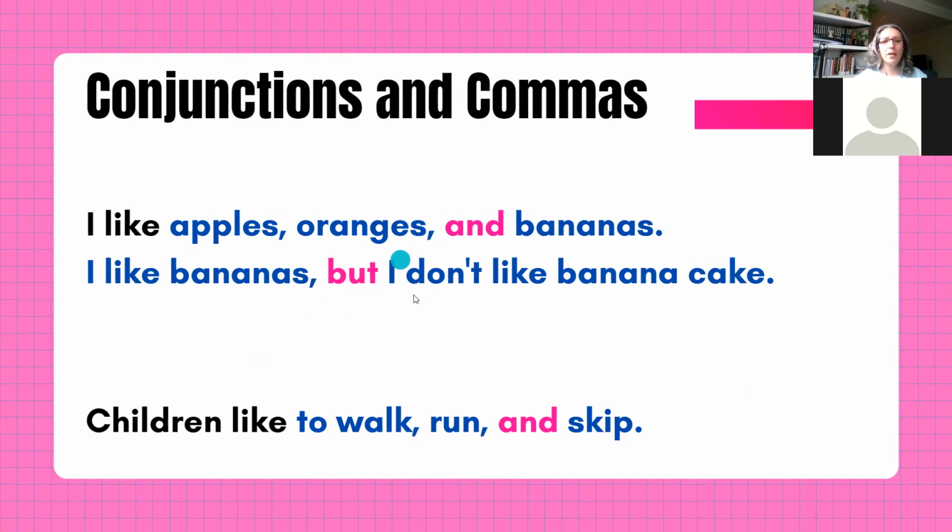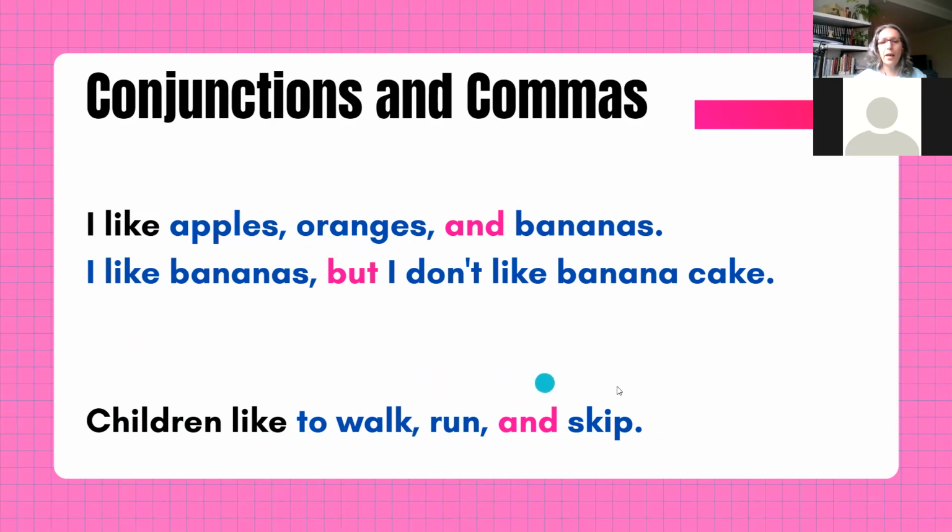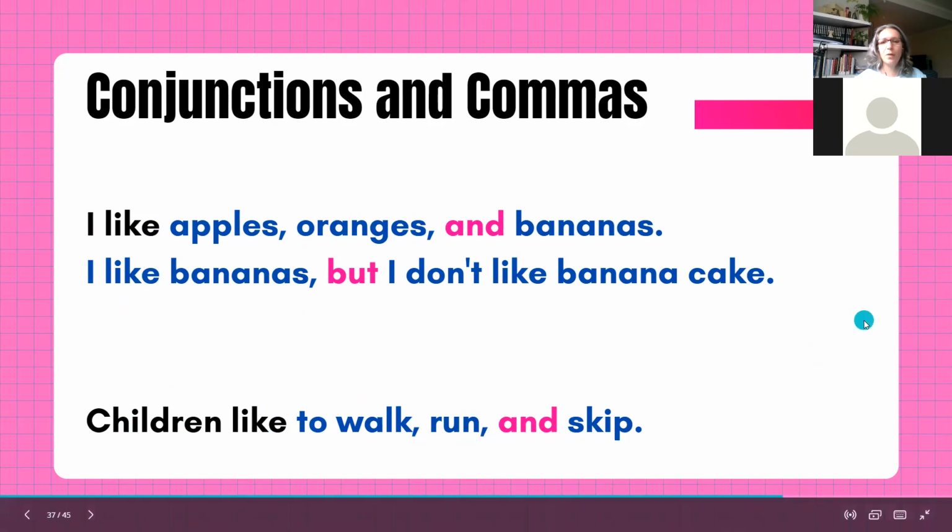We can take, I don't like banana cake, but I like bananas. So we can swap them around. This way we know they're both independent and they're joined by but and a comma just before. In the final one here, we've got verbs. Children like to walk, run, and skip. So commas again, those are commas in a list.